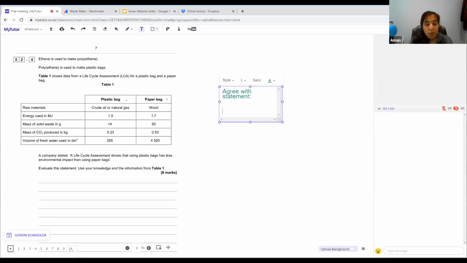Good. So there is much less solid waste in plastic bags. And someone has also said the energy used is less. Good. So we can talk about there being less waste.